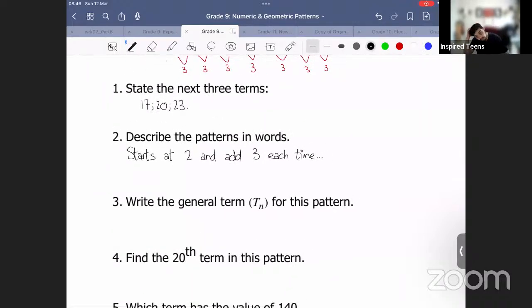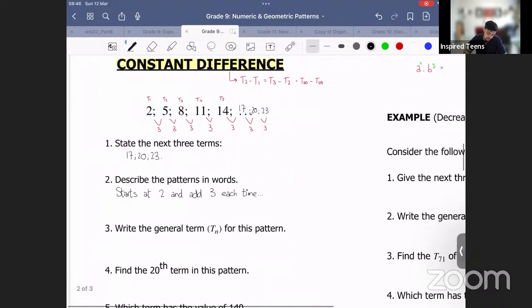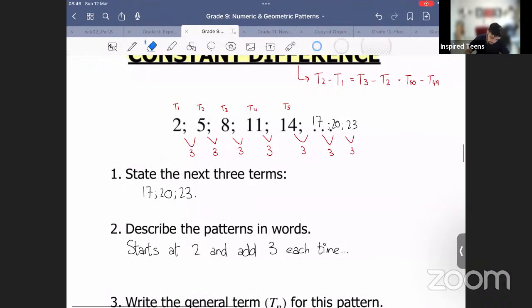Okay, write the general term for this pattern. How could we do this? Any idea? Does anyone have any ideas how to find the general term, Tn, for this pattern? When you talk about the general term Tn, you're trying to relate these numbers to the pattern.